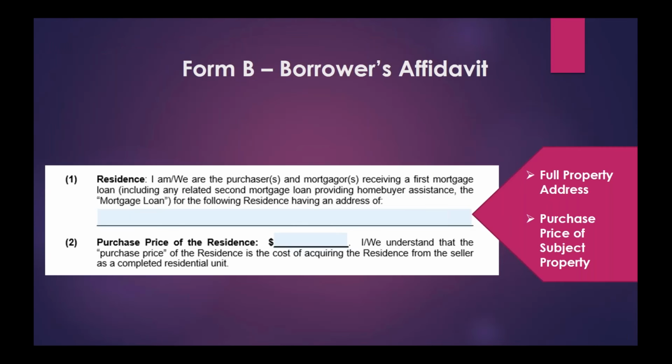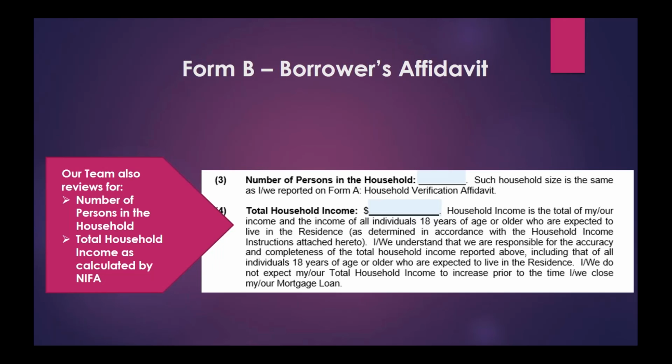Form B will have the subject property address on line 1. Line 2 is for the final sales price. Number 3 is the number of persons in the household, which typically should match what is on Form A, but is subject to change. For example, if they were pregnant when they applied for the loan, but now they've had the baby, that baby can be counted in the household for NIFA purposes.